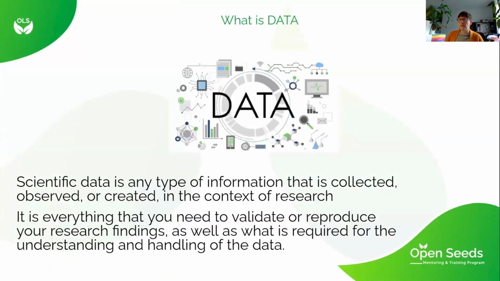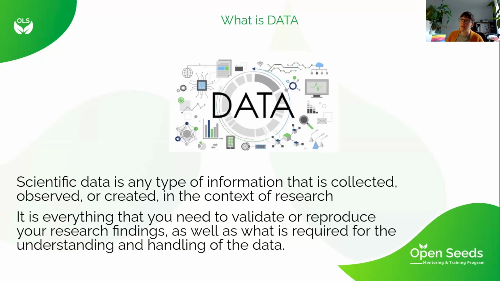So first of all, this slide, when I first designed it, I was like, Sarah, this is very obvious. But then I remembered, not everyone is an RSE or works with the same type of data, that we all work in very different contexts. So I just want to make the point that scientific data is any type of information that is collected, observed, or created in the context of research.